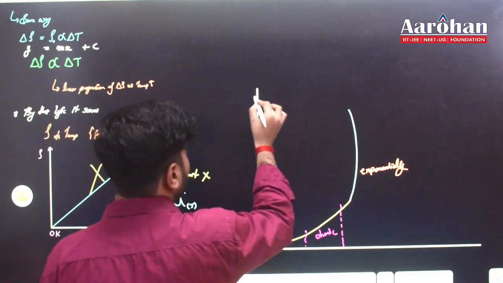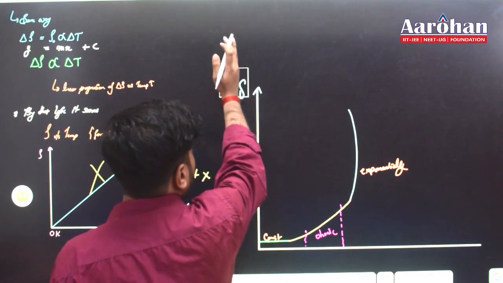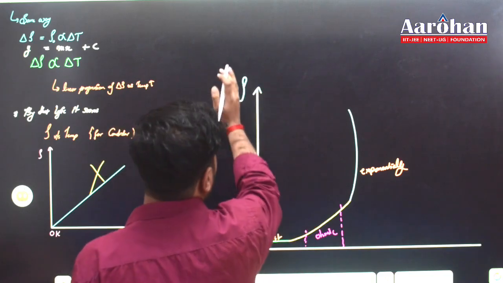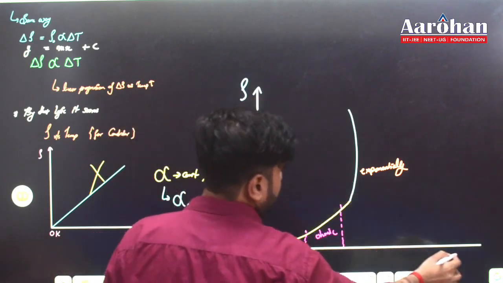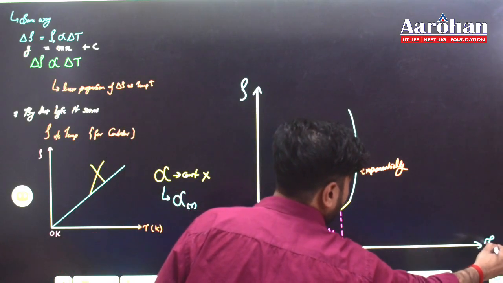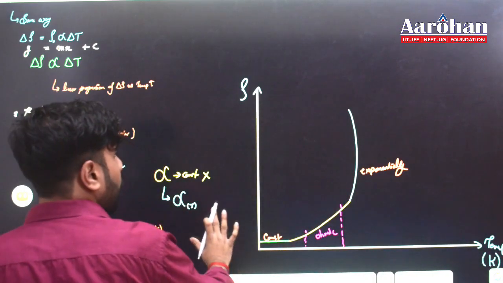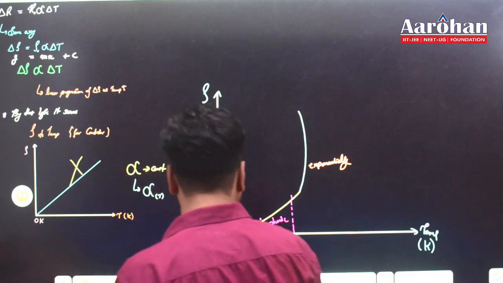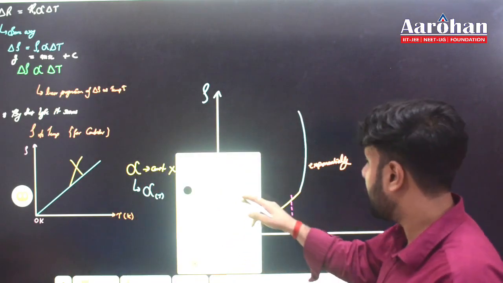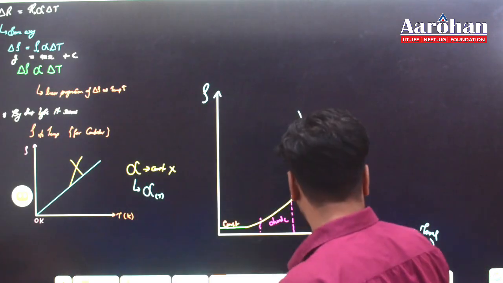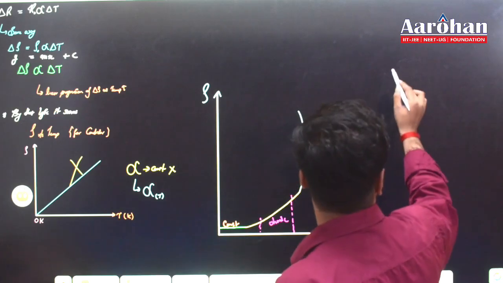This is your graph of resistivity versus temperature, and here we have it in Kelvin. Okay, I will draw one more graph with the same color.